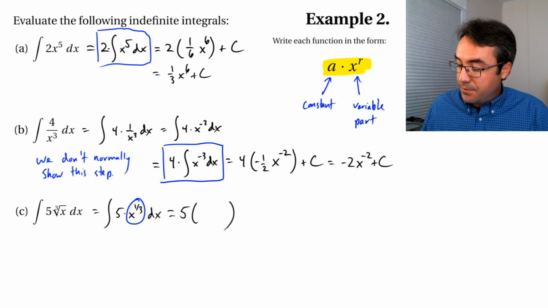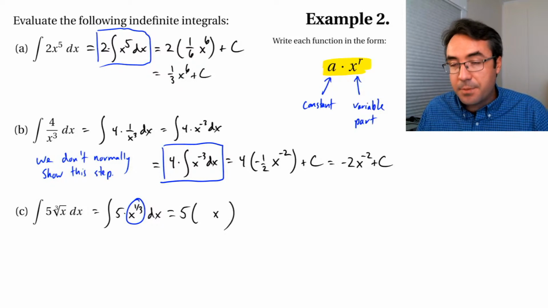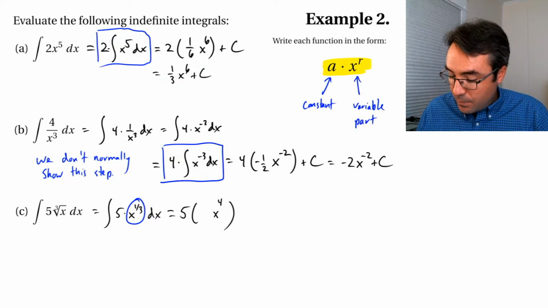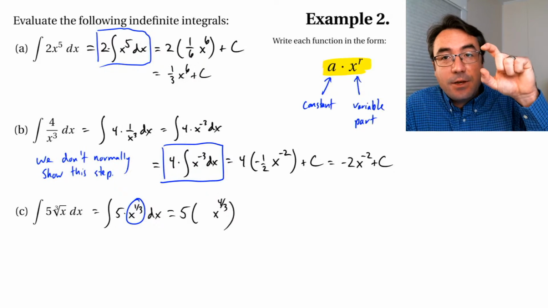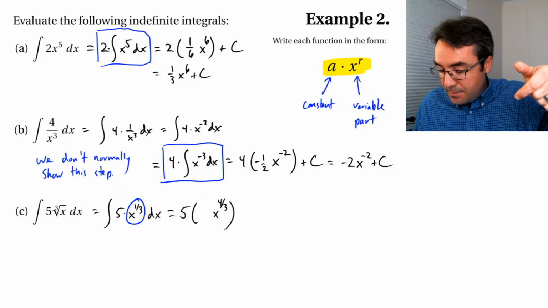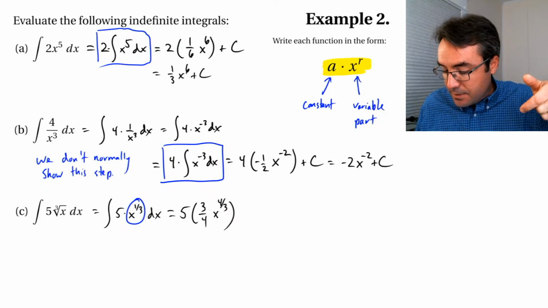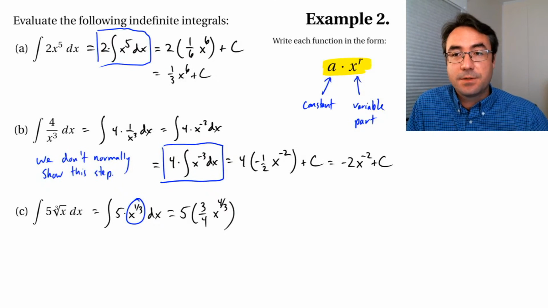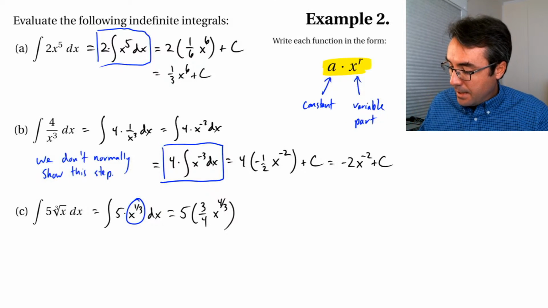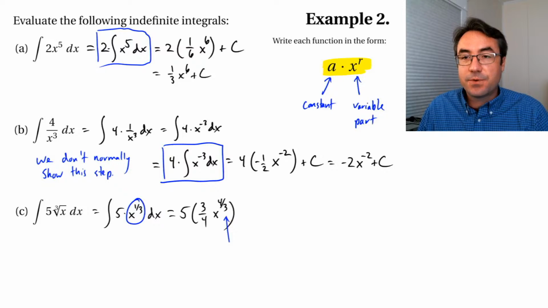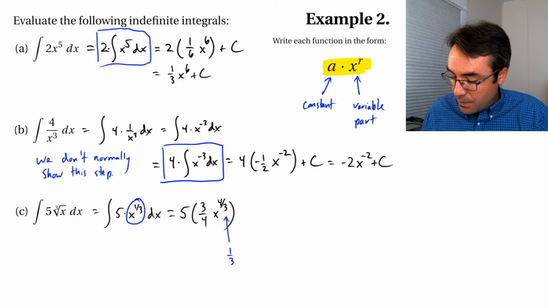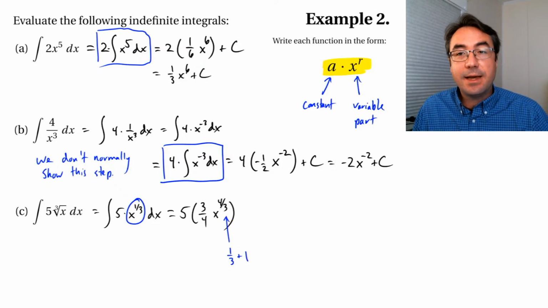So the antiderivative of x to the 1/3, our variable is x. We add 1 to the exponent, which bumps us up to 4/3. We take that new exponent, flip it, and put the reciprocal in front. So 3/4 in front. And in case you can't quite see where this new exponent comes from, our old exponent was 1/3. We add 1 to that.